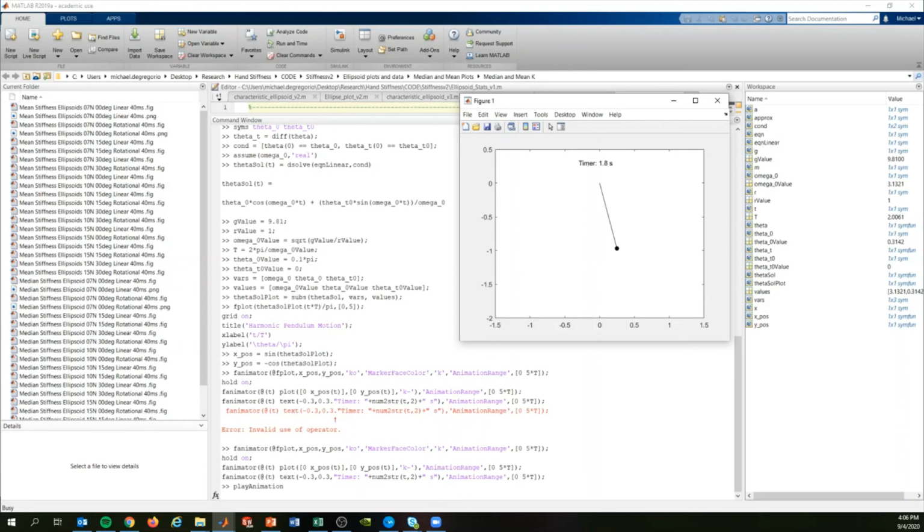And look at that. Wow, right? It's a pendulum. So it's taking our model and it's showing it moving through time. Now it's not super smooth, but hey, it gives us an idea, which is pretty awesome.